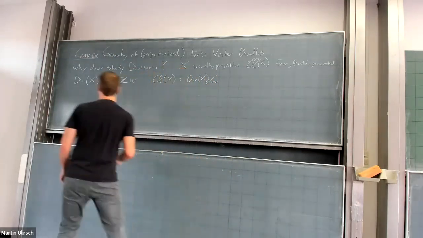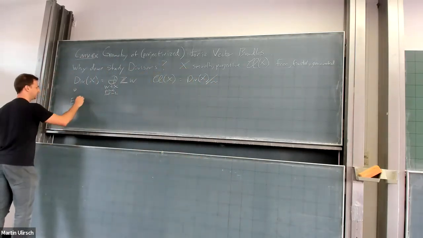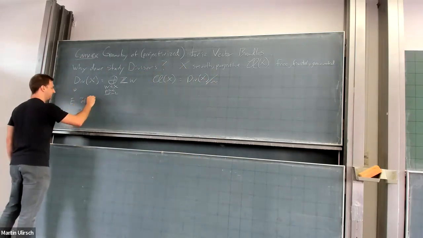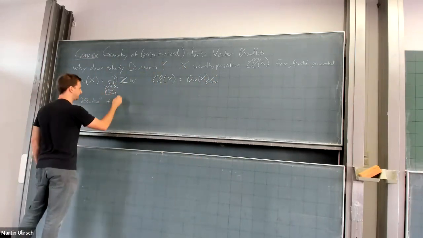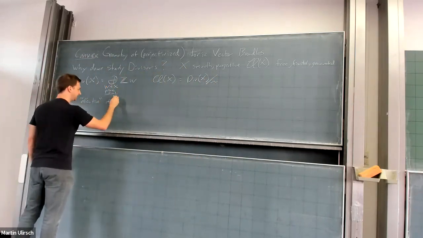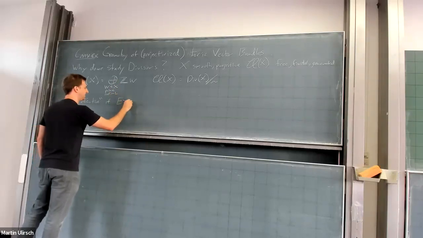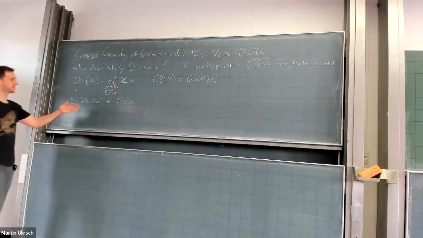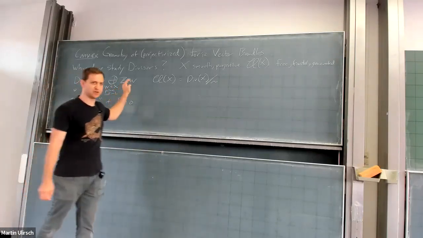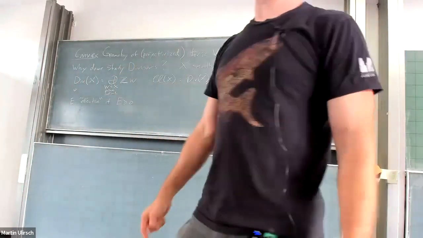And then an element in here, say E, is effective if all of the multiples, all of the numbers next to the divisors, are non-negative, which I'm just going to write as bigger than or equal to 0. So what this means is that when you write E out, it's a linear combination of these W's with some numbers next to them, and those numbers are all non-negative.